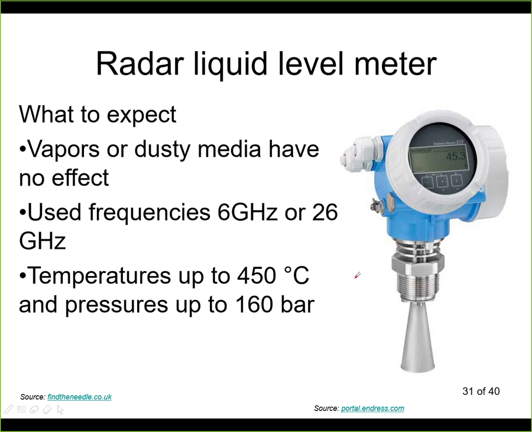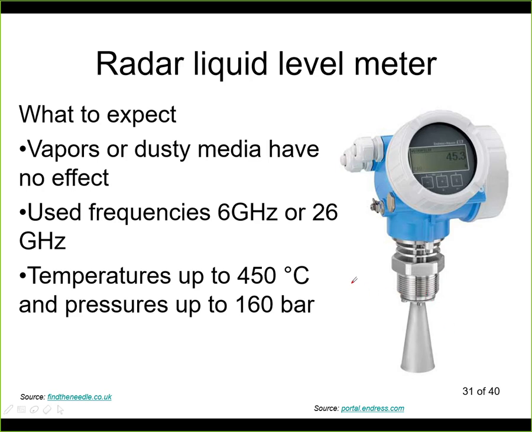It is suitable for applications where you have vapors and dust, and also for applications where you have variable temperature, for example, because although the properties of the gas above the liquid will change with temperature, the dependence is not very large, so it's suitable for those kinds of applications.